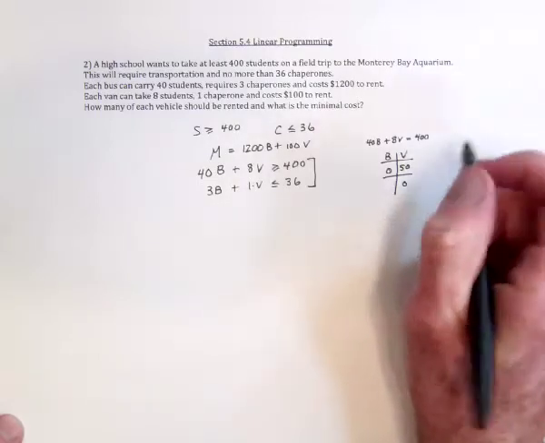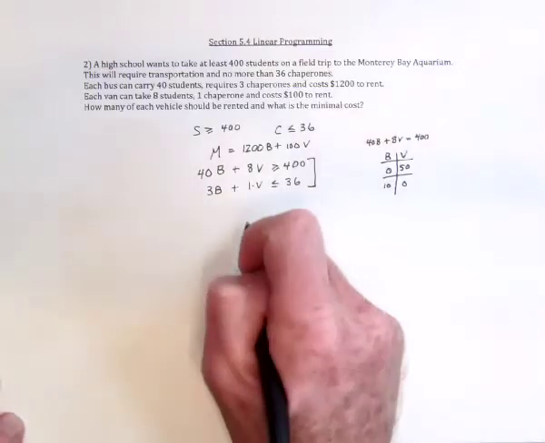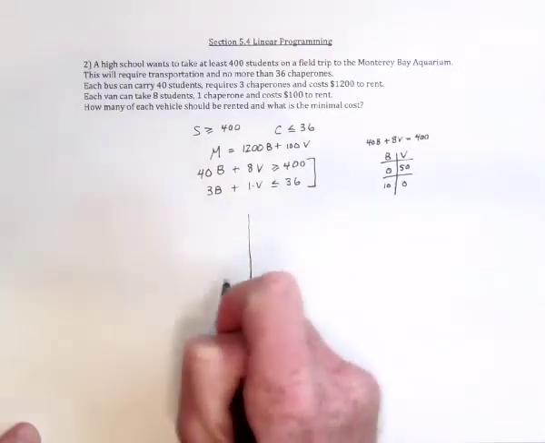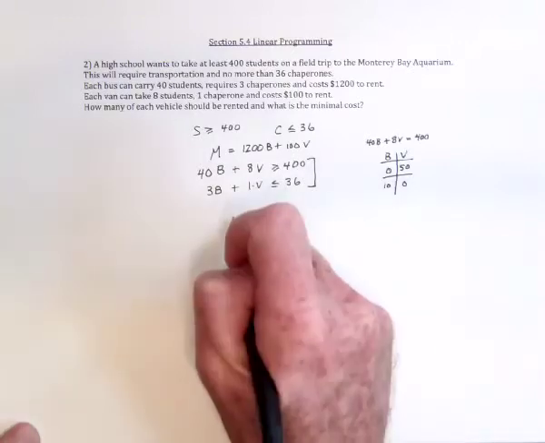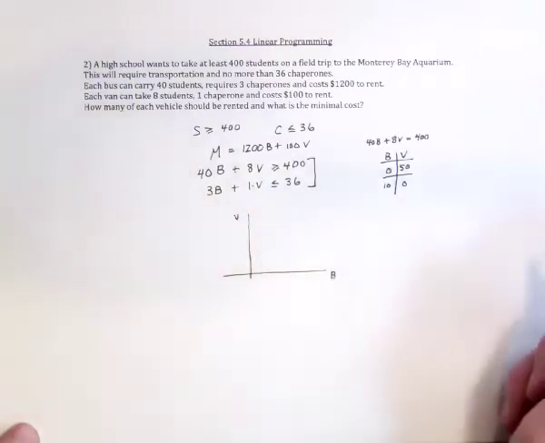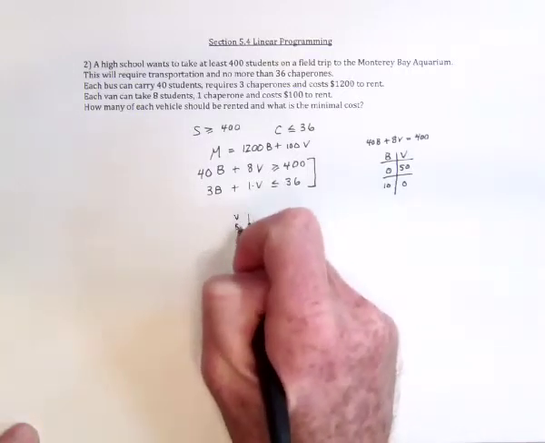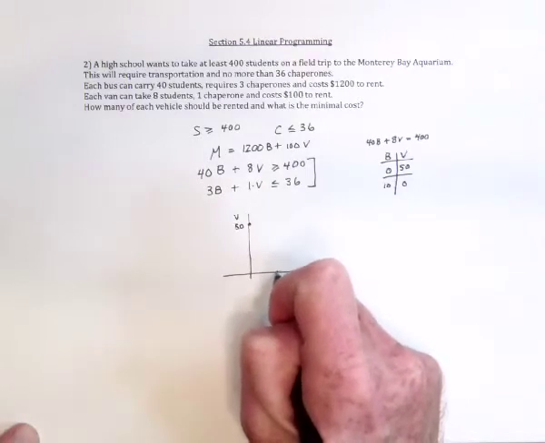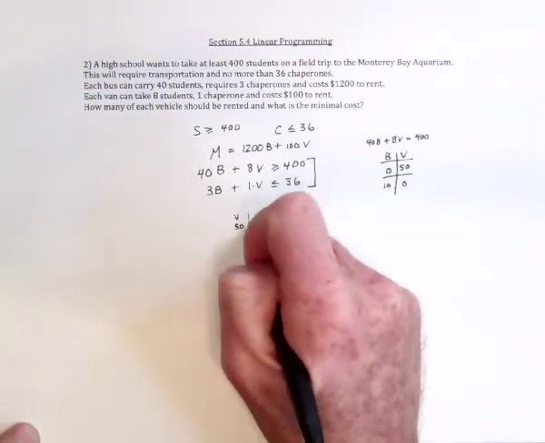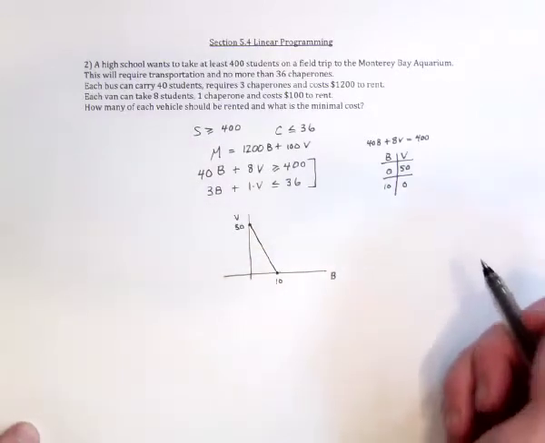And if only buses went, it would be 10 of them. And now plot that information. So this is going to be the B-axis, and this is going to be the V-axis. And we've got 50 for vans, and we've got 10 for buses. That's part of the region.